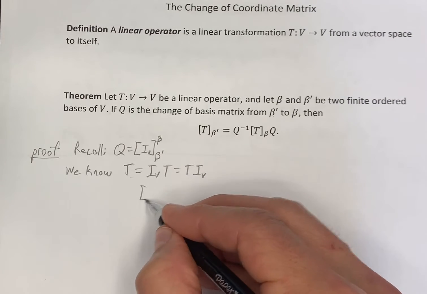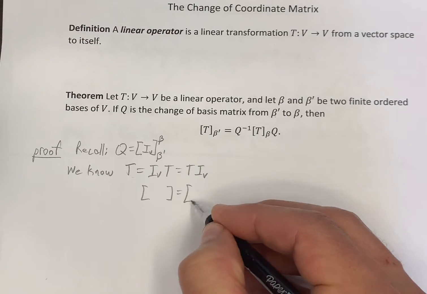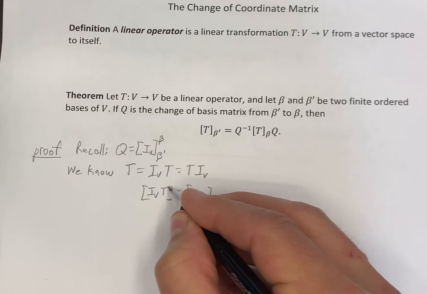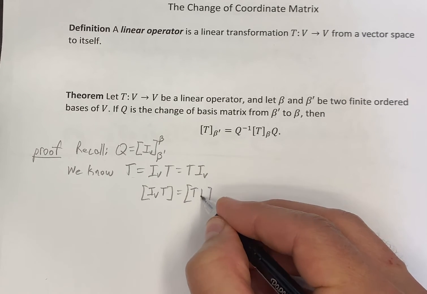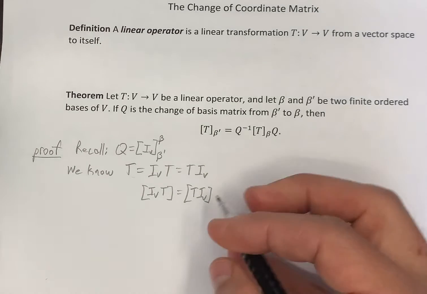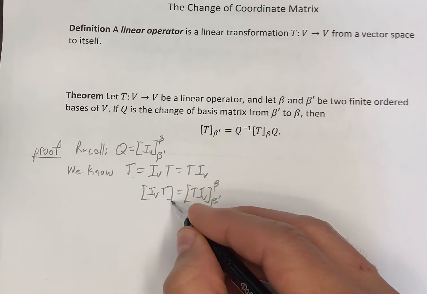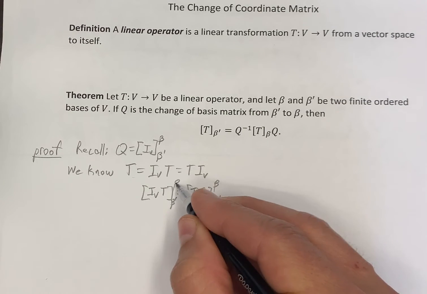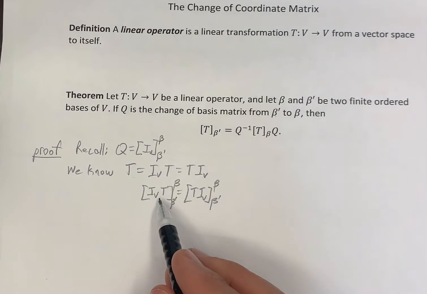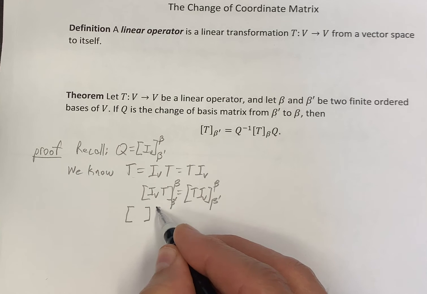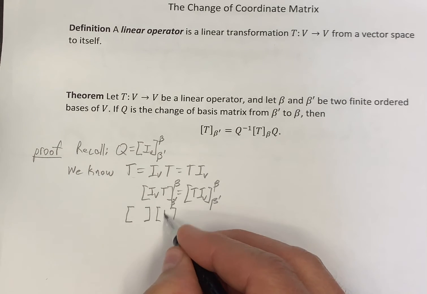But that means if these are two different ways of representing the same map, then the matrix representation of this should be the same in both directions, okay? So I want to start with beta prime and go to beta. Okay? And remember, matrix representation of linear transformations decomposes across composition of linear transformations.